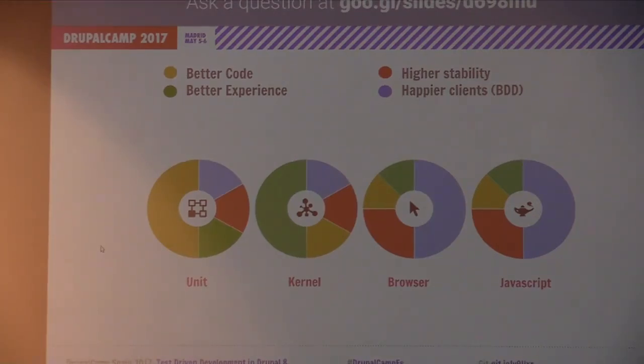Now with kernel test, I think since mocking is quite a difficult thing and sometimes a bit of a hassle, the kernel tests are really giving you a better experience as a developer. You don't have to print stuff to the browser, so that's why I said, okay, that's a really big advantage. And then the browser and JavaScript tests are more about behavior-driven development. They don't mean that your code is going to be good.